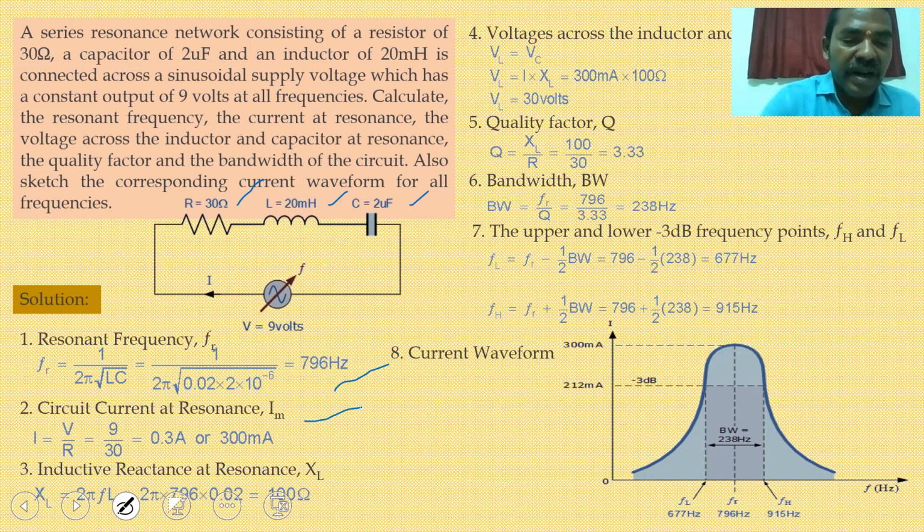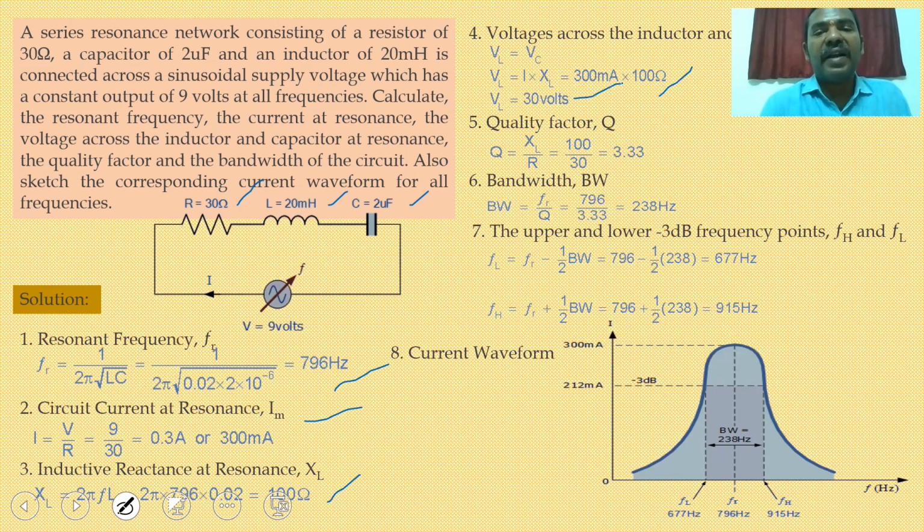Finally you get 100 ohms. The voltage drop across the inductor is I into XL, so 300 milliamperes into 100 ohms. Finally you get 3 millivolts. Okay.